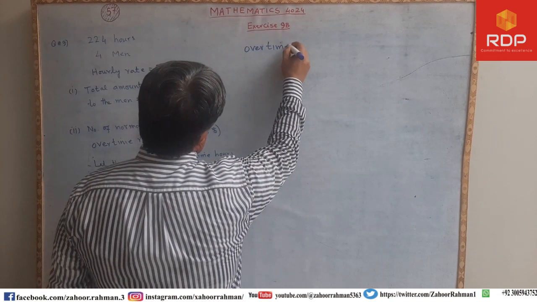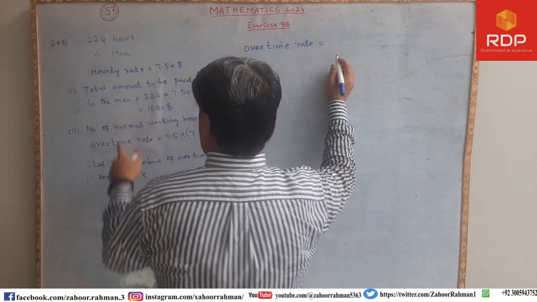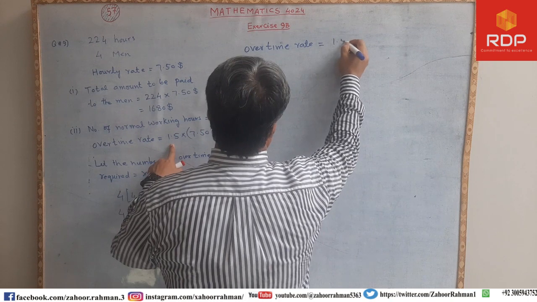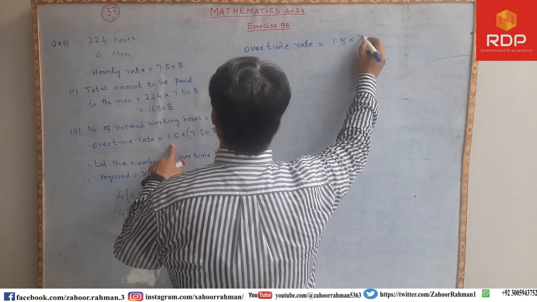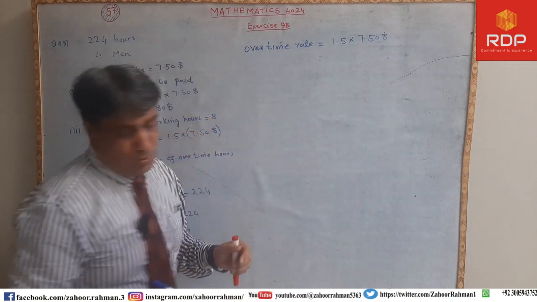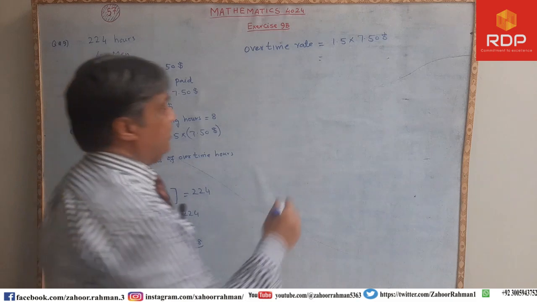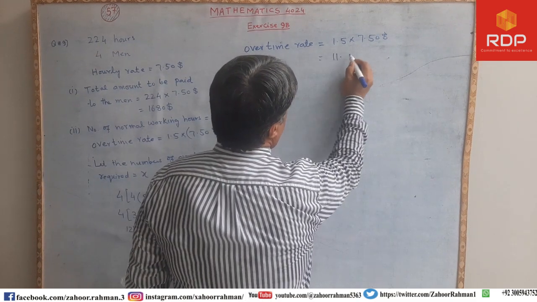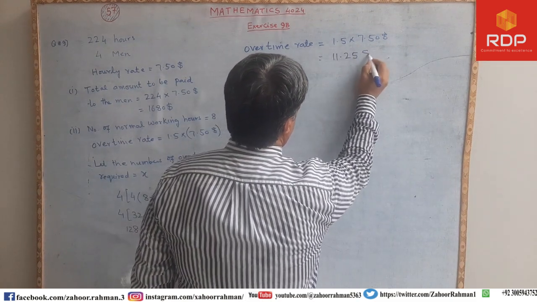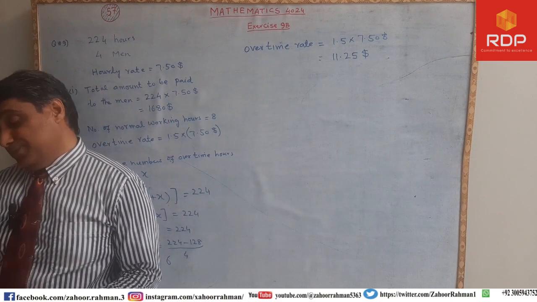Overtime rate is equal to this one, which I wrote already in advance, 1.5 into $7.5, which is equal to $11.25. $11.25, ladies and gentlemen. Keep this in mind.